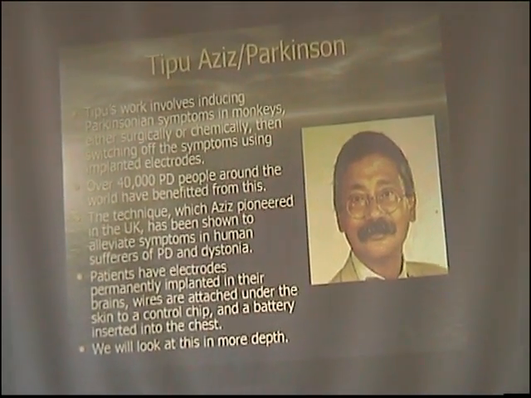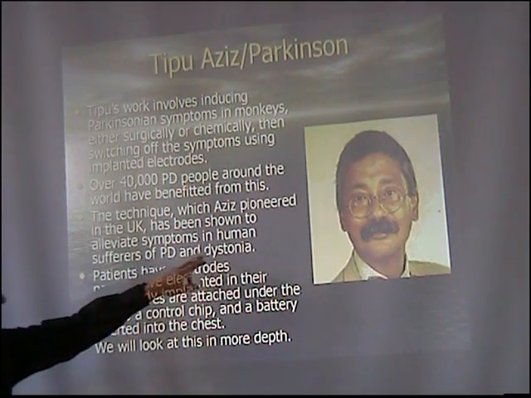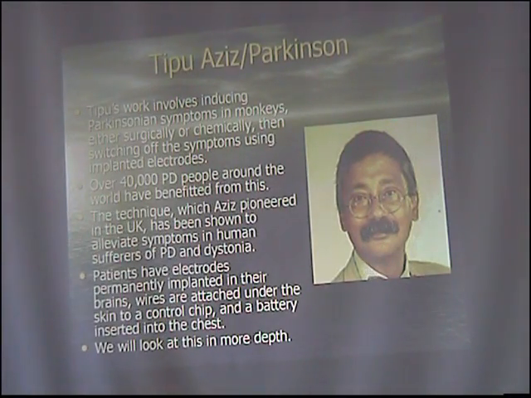So a lot of people can benefit from research on animals. In the UK, Tipu pioneered this. It's Parkinson's disease, dystonia, which is like muscle locking. Is it part of Parkinson's disease or is it not? But it is alleviated. The electrodes are permanently planted.